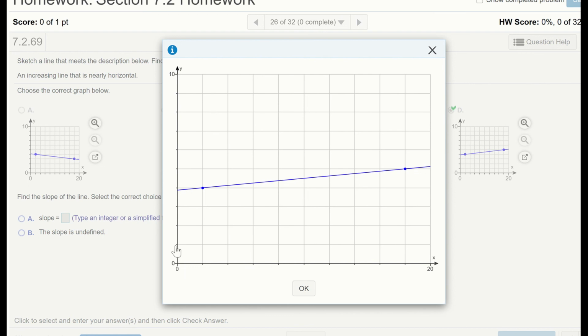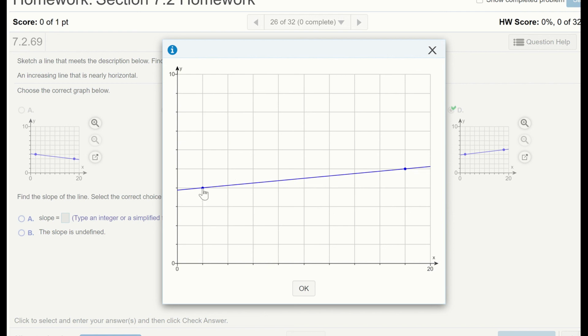So each tick mark is marking out a single unit. And here though, 1, 2, 3, 4, 5, 6, 7, 8, 9. So each of these are actually going to be 2 units, right? Because we have 10 equal parts making 20, so each has to be 2. So be very careful with that.